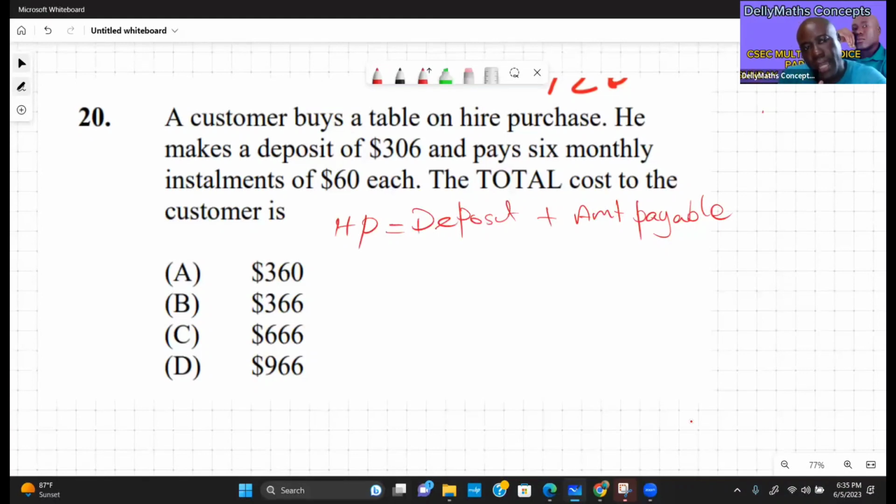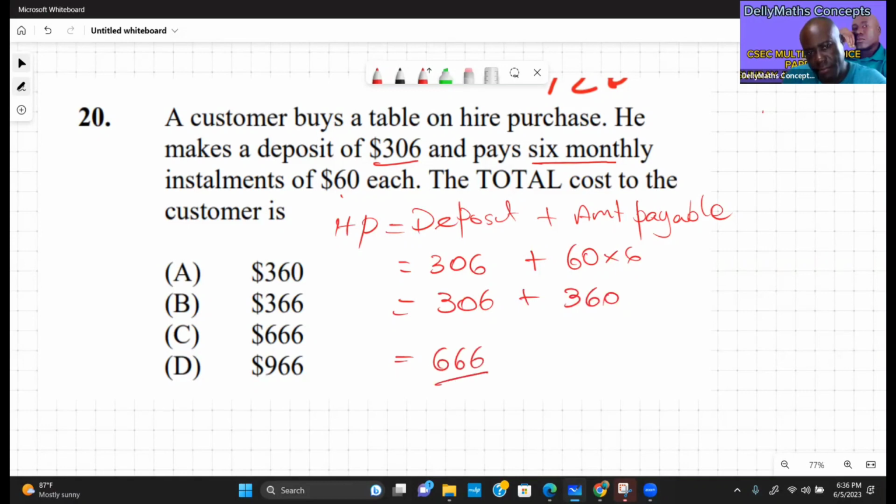So you read the question: deposit 360, then over 6 months you pay this. That gives 666, so the total cost would have been 666.